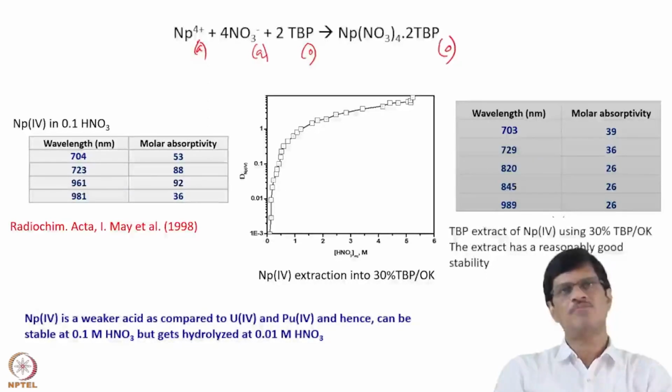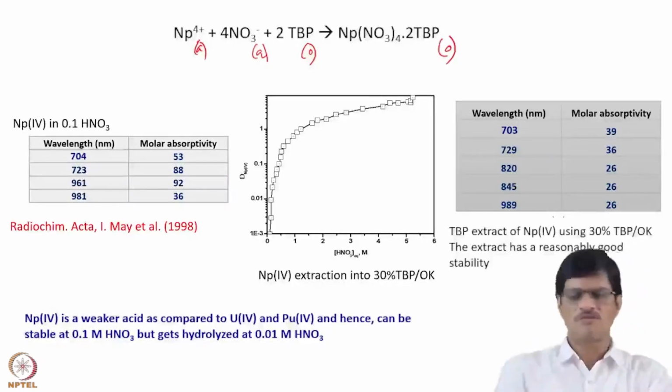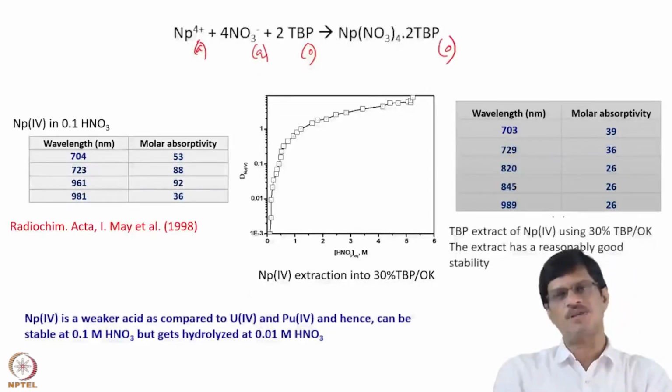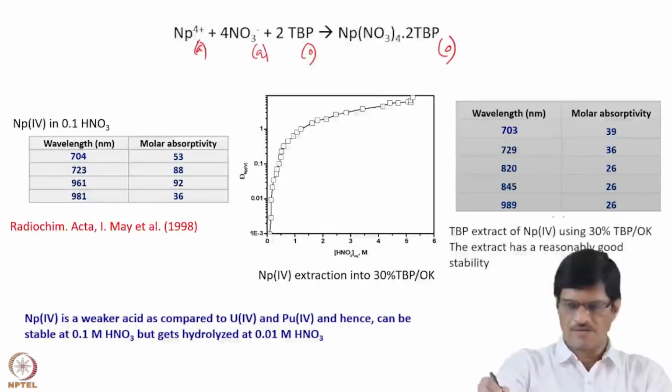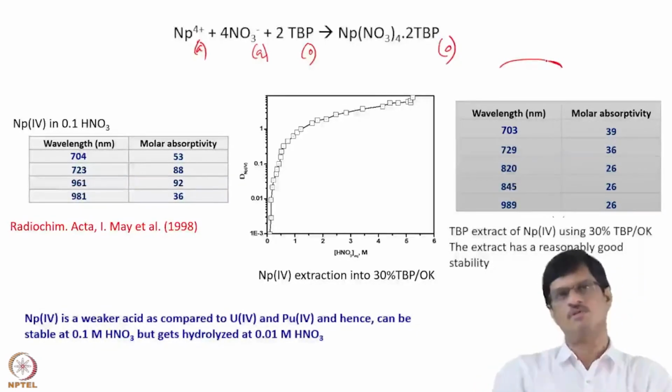These are the two peaks characteristic of neptunium 4+. Then, as shown, the profile of this neptunium 4 extraction is given as a function of nitric acid concentration, and if UV-visible spectrophotometry is done, the 704 nanometer peak is slightly shifted to 703 nanometer, and this suggests that neptunium 4 is present in the organic phase.